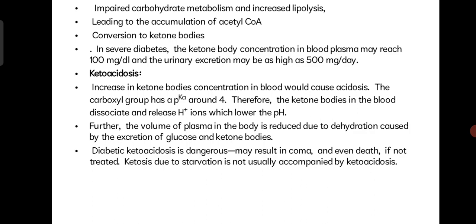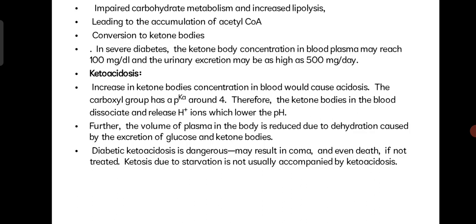Again I am repeating, in ketoacidosis, we have already discussed that acetoacetate and beta hydroxybutyrate are ketone bodies. They are very strong acids, and in them you can see the carboxyl group. Their pKa is around 4. These ketone bodies in our blood will dissociate and release more hydrogen ions.